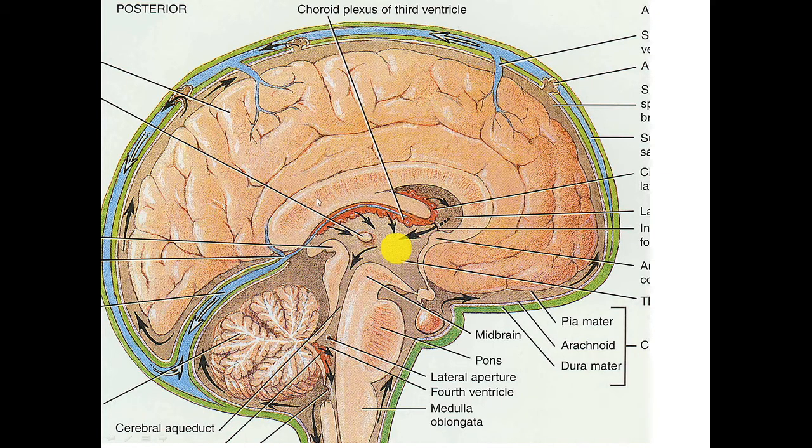It is in the center of the thalamus. Now, if we look at this picture too, these arrows are showing us cerebral spinal fluid flow. What happens is the cerebral spinal fluid is made in these structures called choroid plexuses. And on this picture here, this red structure that's in the third ventricle, that red structure is a choroid plexus.